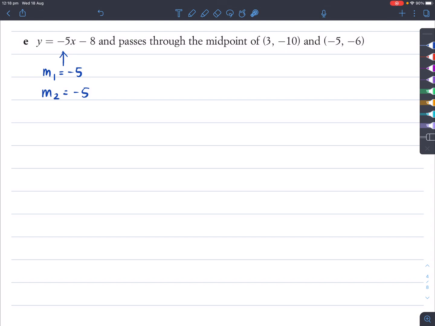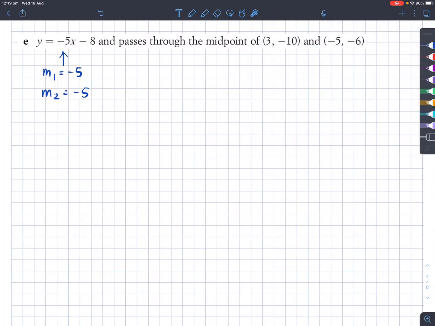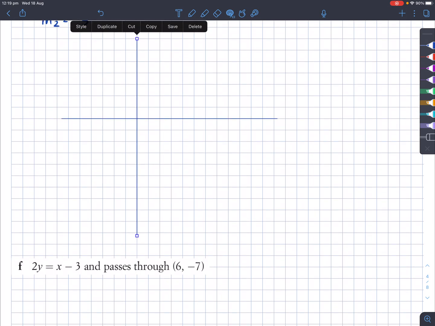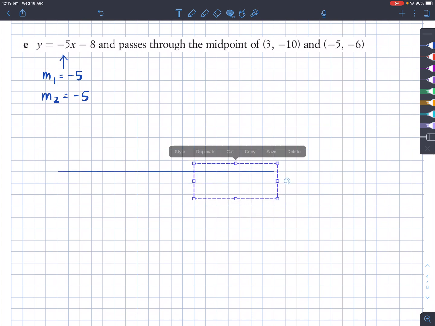Okay? So if I was to draw this line accurately, let me just show you what this means. So I've got a line here which is y equals minus 5x minus 8. Now minus 5x minus 8 looks like this. If I was to just extend this down a little bit more, negative 8 is here, exactly.